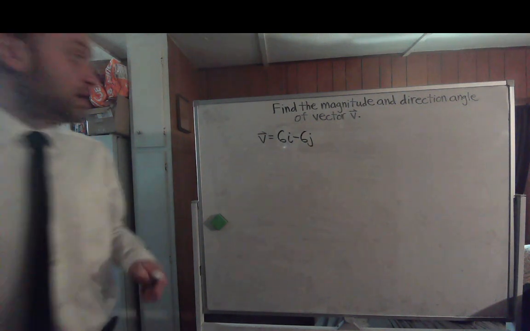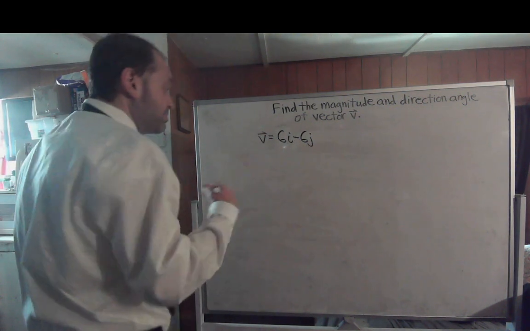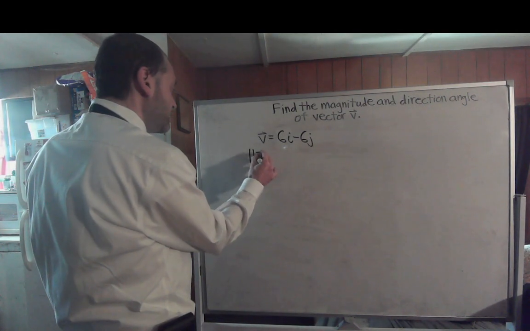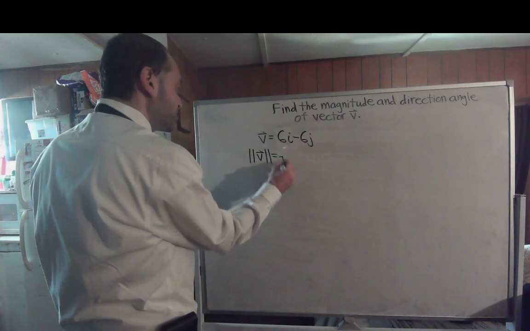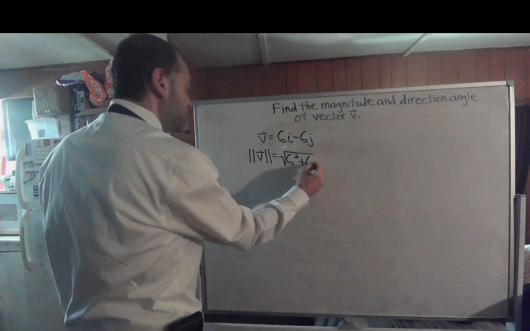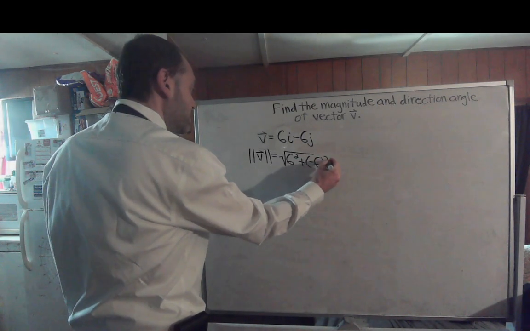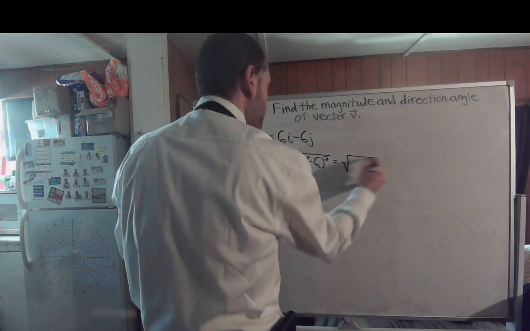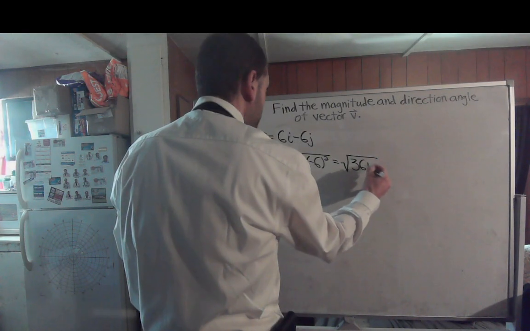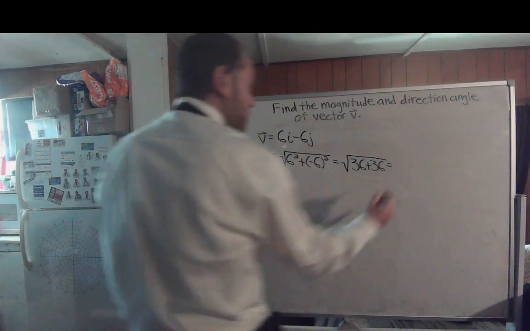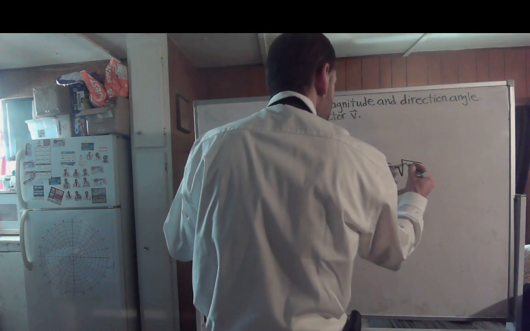Well, we could definitely start out finding the magnitude. The magnitude of vector v is going to equal the square root of 6 squared plus negative 6 squared, which would give you the square root of 36 plus 36, which would end up giving you the square root of 72.